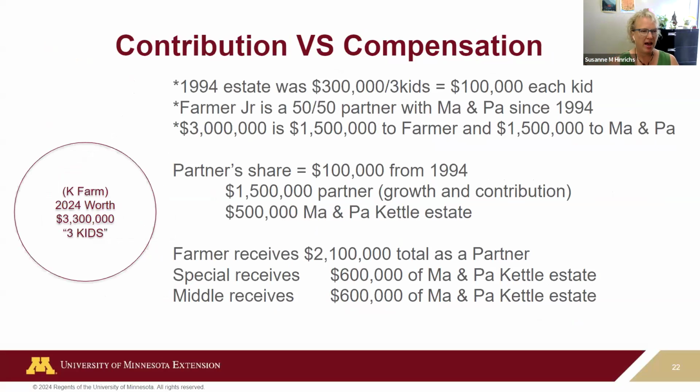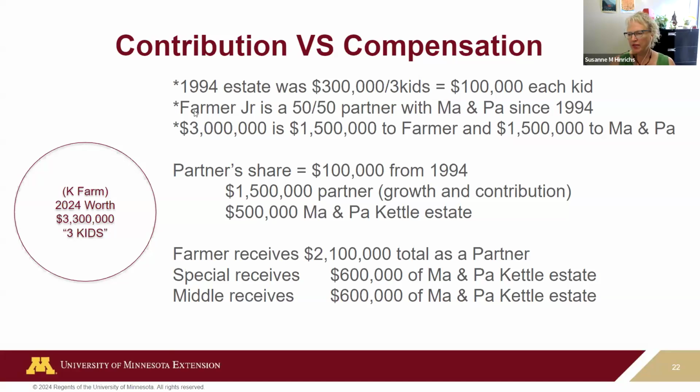So if you think about the value of the farm in 1994, that was 300,000. They do have 3 kids. So at that time, that farm without Farmer Jr.'s involvement would have been worth 100,000 for each kid, 300,000. That's just talking about the value. Farmer Jr. though has become a 50-50 partner with Ma and Pa.